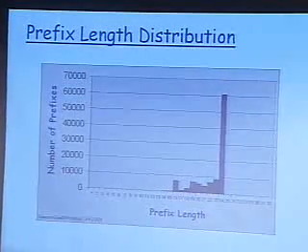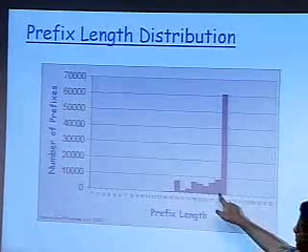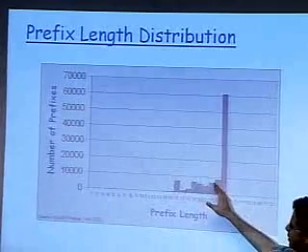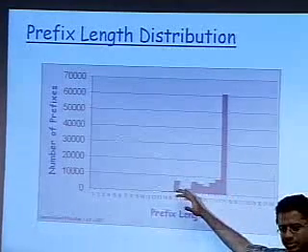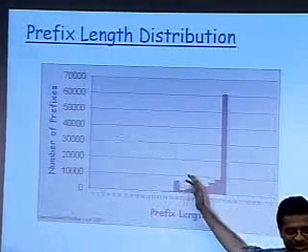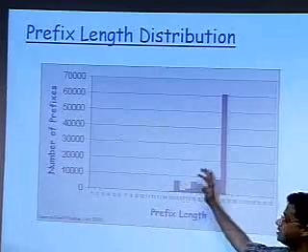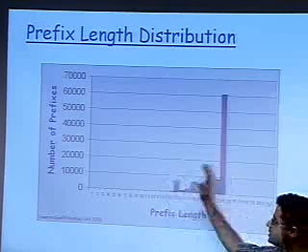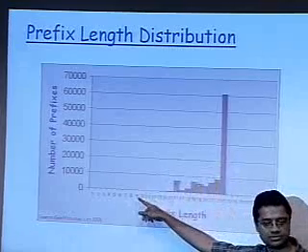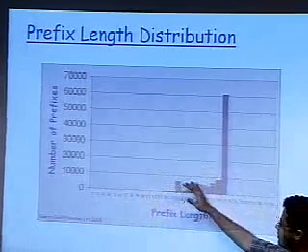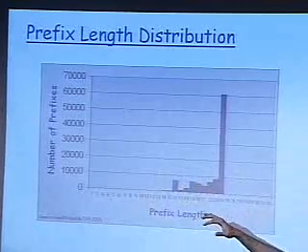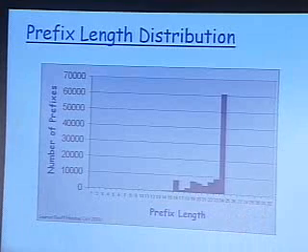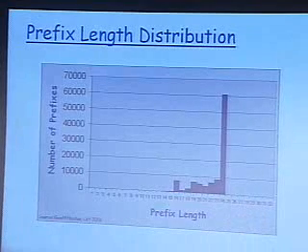But the thing to note is that the gap between 16 and 24 has been well filled. There are a number of different networks with different slash lengths between 16 and 24. Before CIDR, you were restricted to 8, 16 or 24. Now you have a better distributed network address space, and so IPv4 space is being utilized more efficiently.